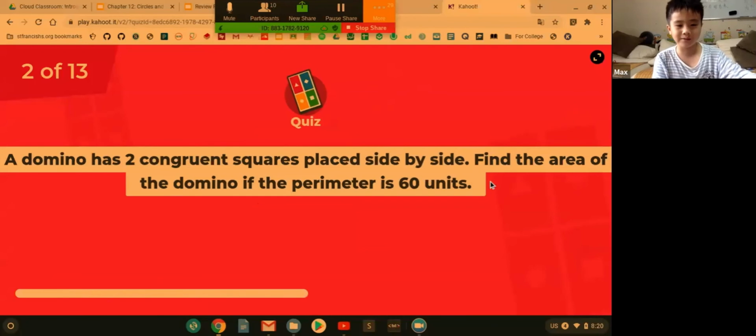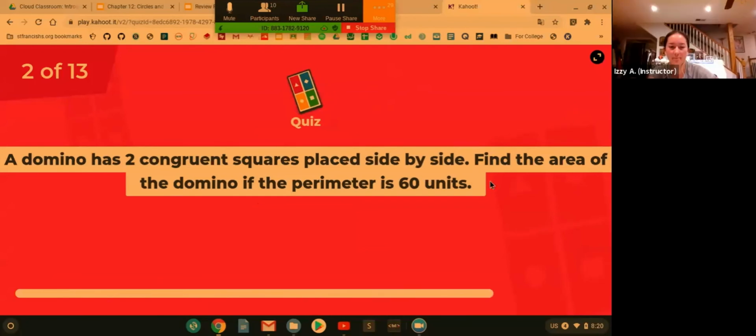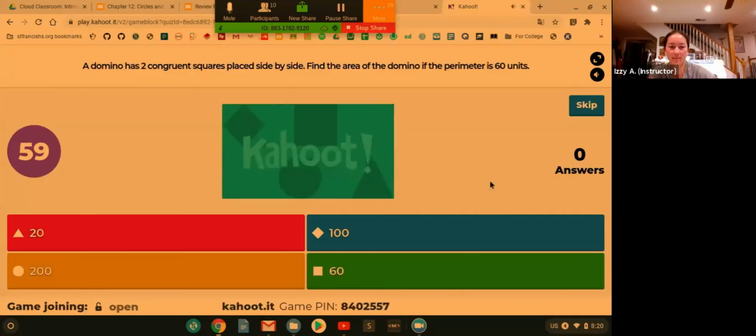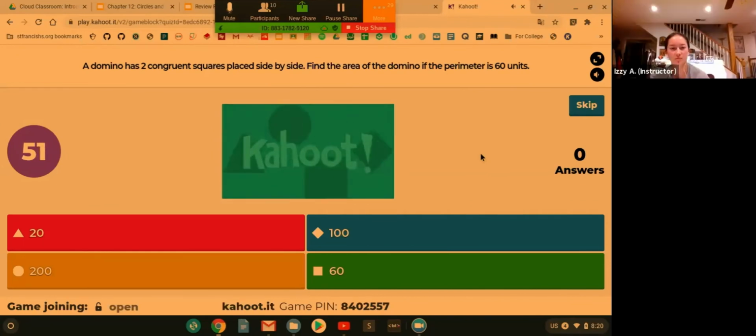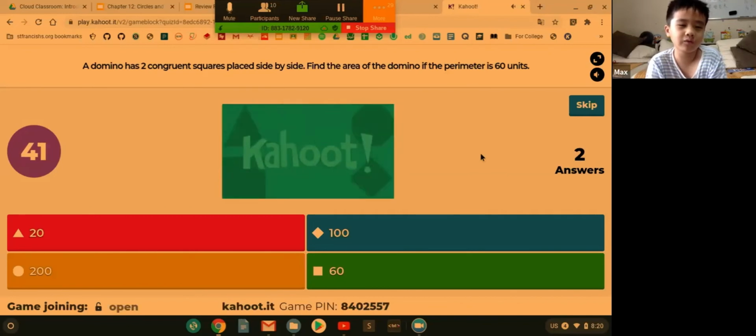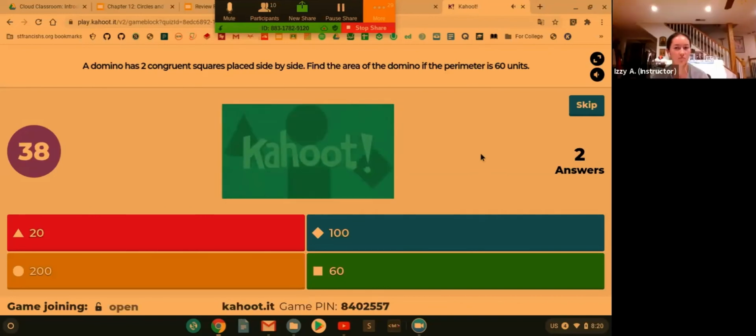A domino is two. A domino is 20 area. Is it 60 units? So 40, 20, 10, 10.